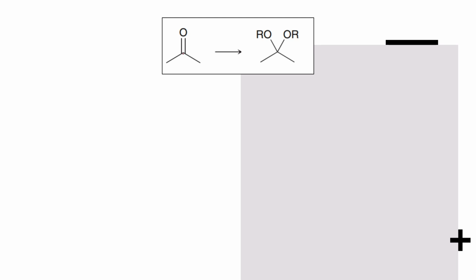So here's my central carbon right here. It's connected to a carbon on the left and a carbon on the right, so they both count for 0. This is 0 plus 0. This oxygen right here has 2 bonds to it, so we're going to give it a +2. Now if you look over here, we still have these 2 carbons attached, so that's a 0 from this one and a 0 from this one.